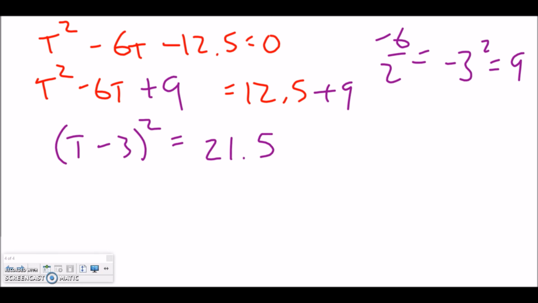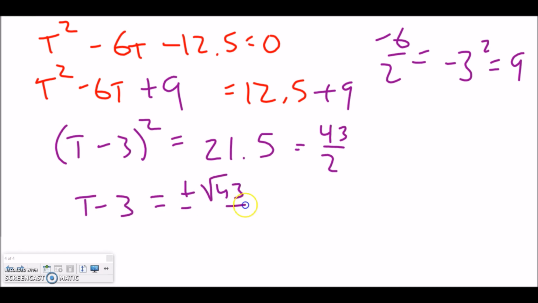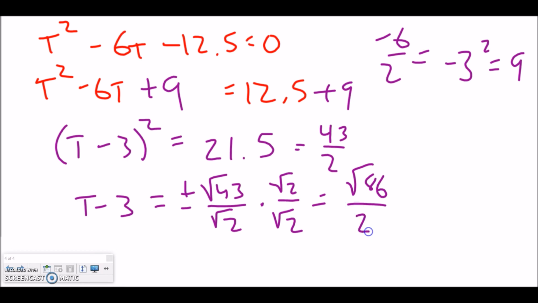Or, as we know it better, 43 over 2. Square root both sides, so t minus 3 equals plus or minus the square root of 43 over the square root of 2. We're not allowed to have square roots in denominators, so I will do that to get square root 86 over regular 2, and add my 3.